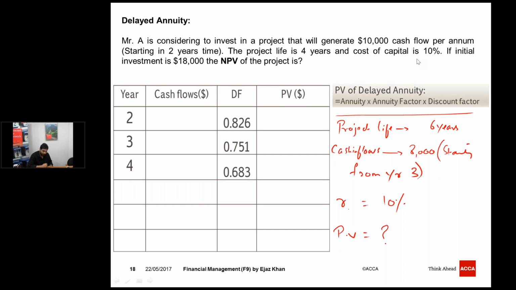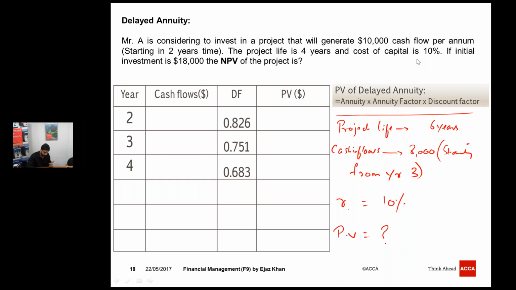And then we'll be picking up the right discount factor. Remember, this project will start generating cash flows from year 3. Normally it starts from year 1 and here it's starting from year 3. So the difference between 3 and 1 is 2. So there's a 2 years delay in the cash inflows.